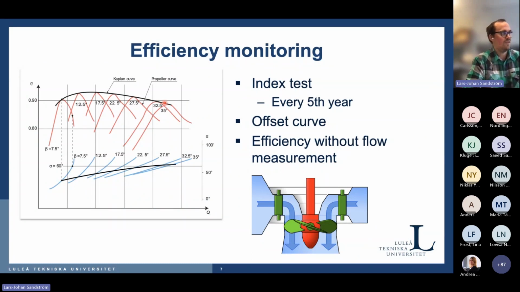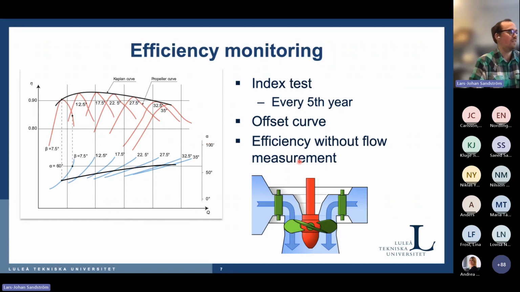This is more or less programmed into the system that runs the turbine. But if we have some problems with, for example, sensors that are measuring the water levels in the dams, it can offset this curve. So in the end, we don't run under the best efficiency that the turbine can have.